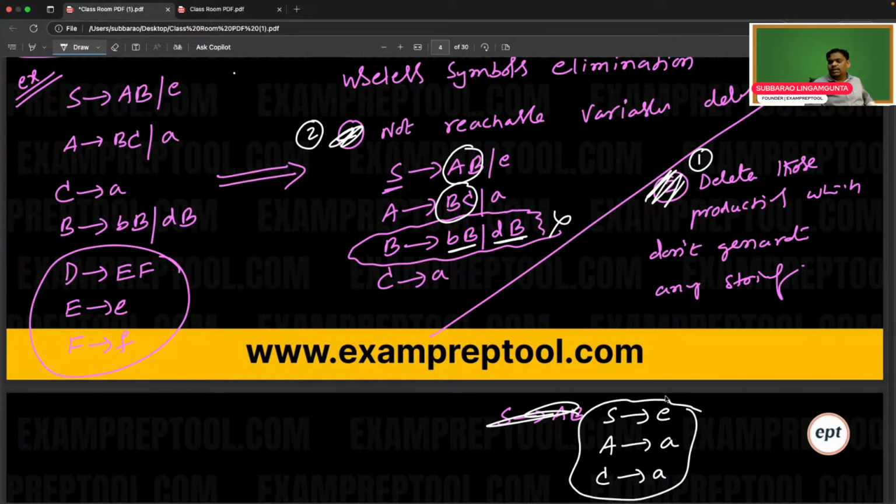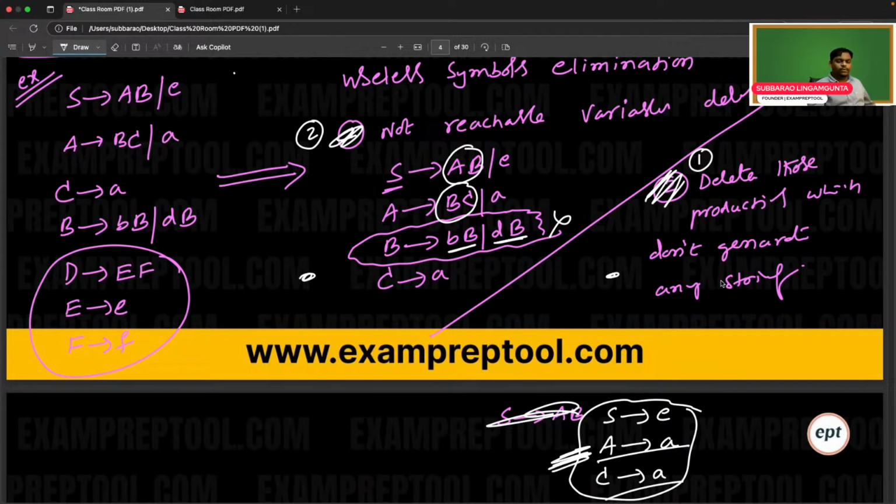Finally, there are some things which are not reachable. S goes to E, so what is the use of A? What is the use of C? If you do the steps in a different order, you may not get the guarantee of the simplified grammar. First delete those productions which don't generate any string.